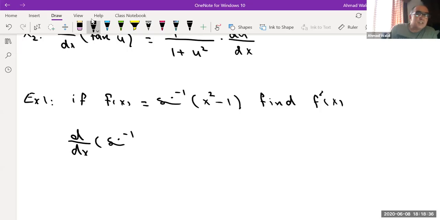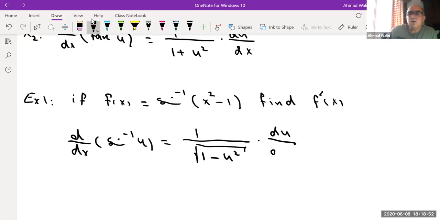My x is actually g of x. That's a function. Then I'll use this one. d/dx of inverse sine u equals 1 over the square root of 1 minus u squared times du/dx. Now, your u is x squared minus 1, sorry, not plus 1. Your u is x squared minus 1. Then du/dx is 2x. Correct?